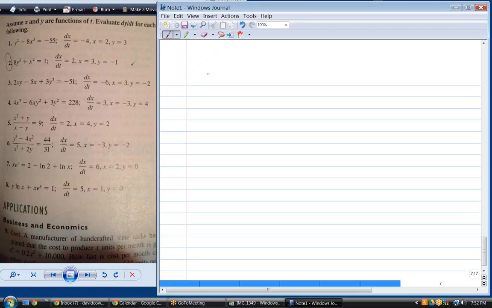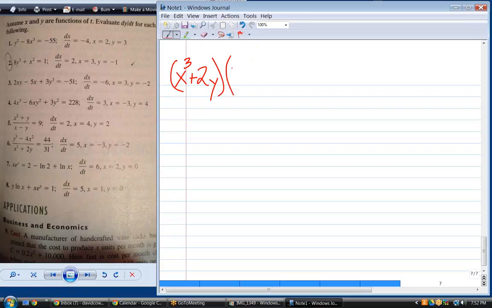Okay, so how do I start this one? I won't rewrite it from scratch, and I'm going to try to write smaller since there's so many terms. Okay. So it'd be, let's see, x to the third plus 2y squared times 2x.